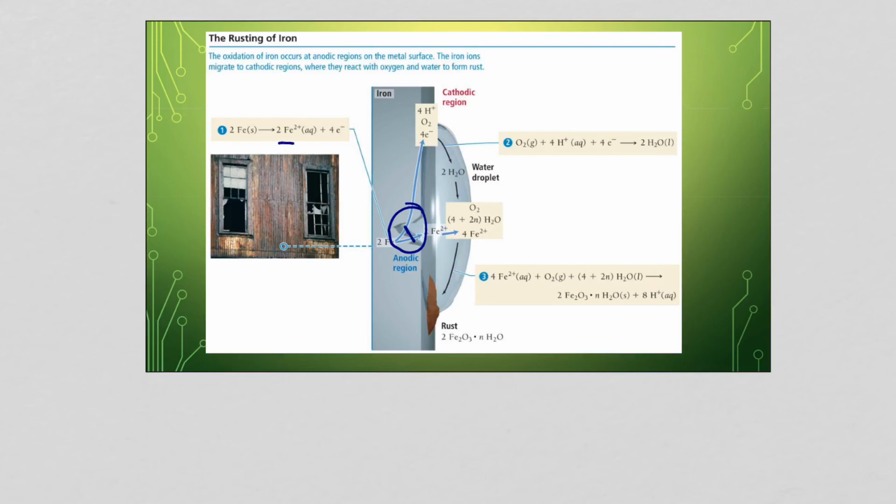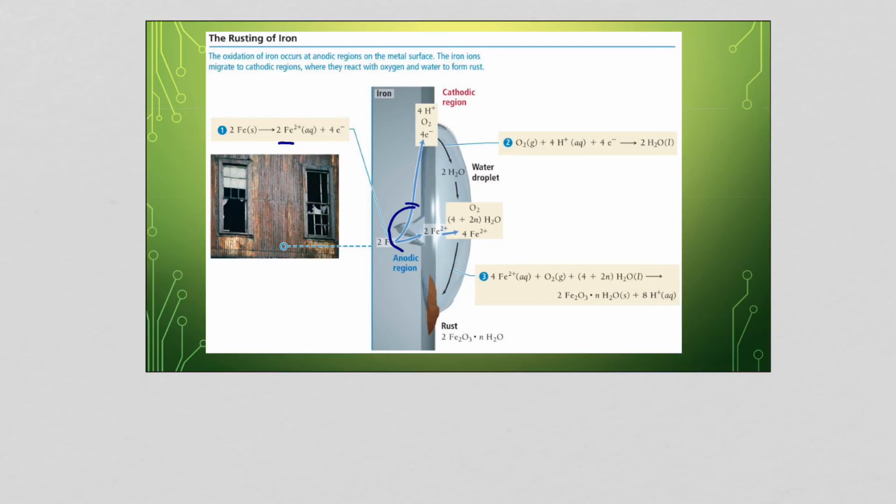Now, once these iron +2 ions are formed, they're going to be solubilized, so they're going to be able to dissolve in this water. They're going to be free flowing. So now we have dissolved iron.